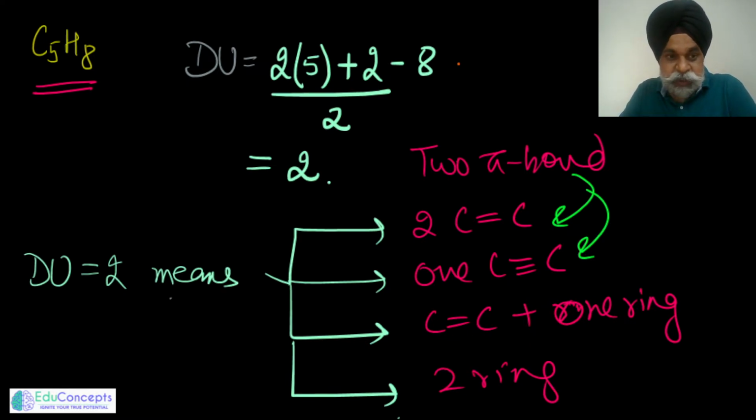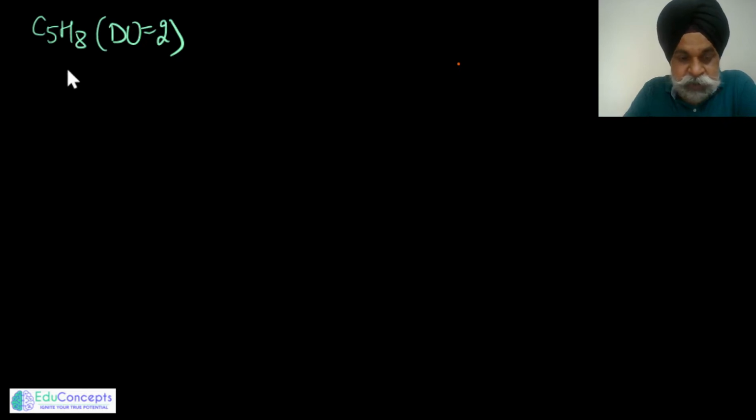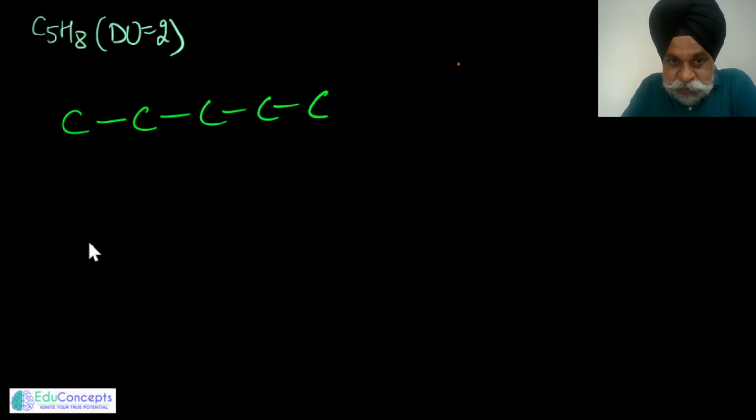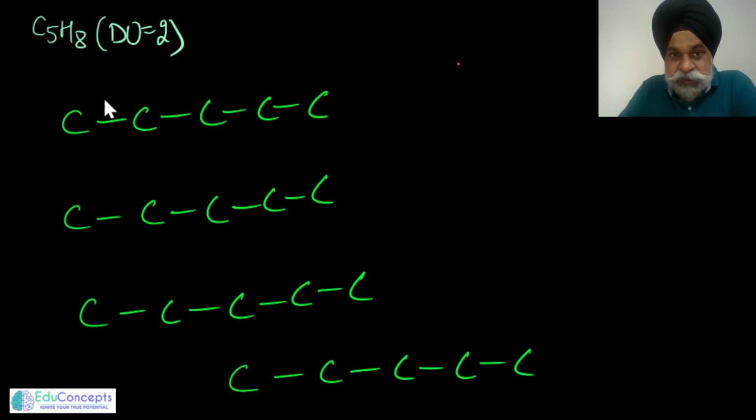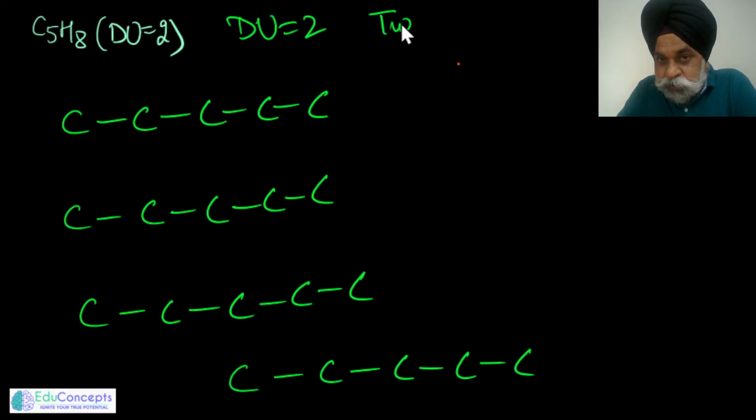Now just see how interesting this particular topic is. So if I show you, how many carbon atoms are there? 5 carbon atoms. I can randomly show you 5 carbon atoms. 5 can be shown like this also, or this also. Is it okay? So if I say that C5H8 has a degree of unsaturation of 2, that means it has 2 pi bonds.